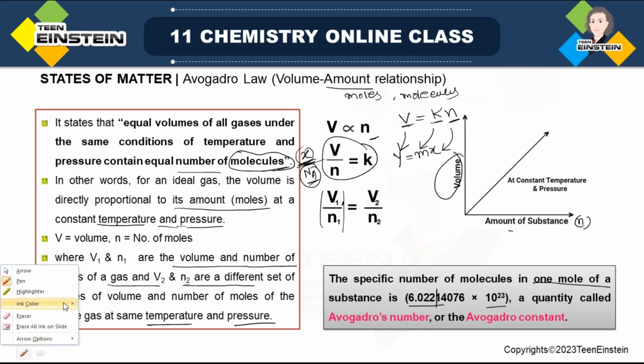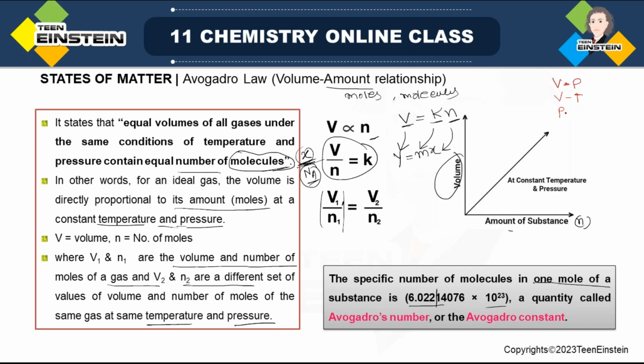Boyle's law, which is the relationship between V and P. Then Charles' law, which is the relationship between V and T. Then Gay-Lussac's law, which is the relationship between P and T. And this is amount and volume, that means V and N. So these 4 laws we have seen.